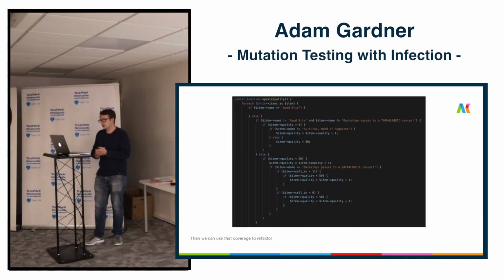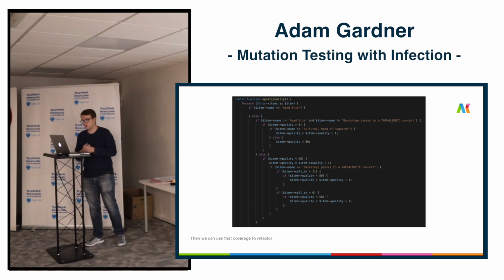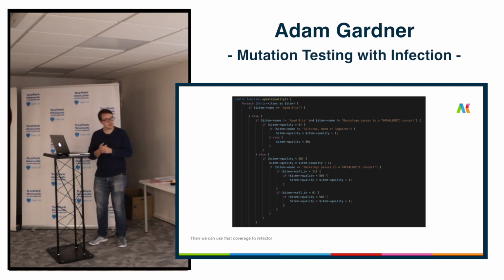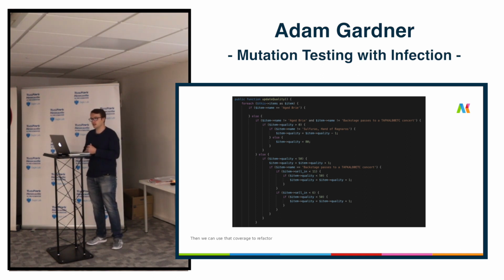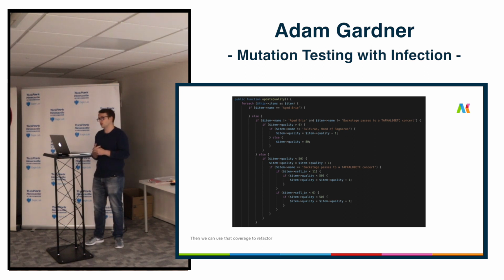So the next part might seem like madness here, but what I'm doing is literally copying and pasting the entire section into a new section. So at the top here, we've got the if item names aged brie, and then in the else is everything else that was in the code to exist.